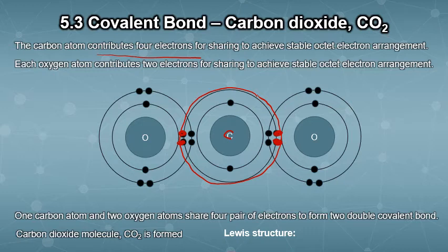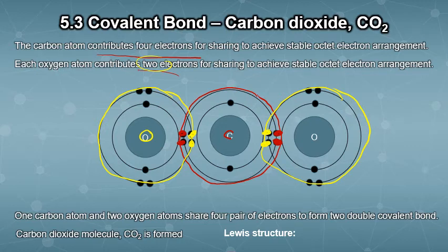And then the oxygen atom contributes 2 electrons for sharing. I change color to yellow. For the oxygen, you can see this is the valence shell. It contributes 2 electrons, so the 2 are here, 1 and 2. Each oxygen atom contributes 2 electrons.